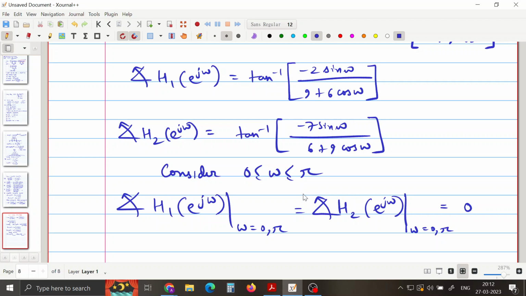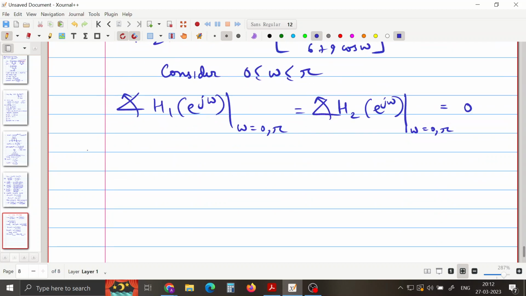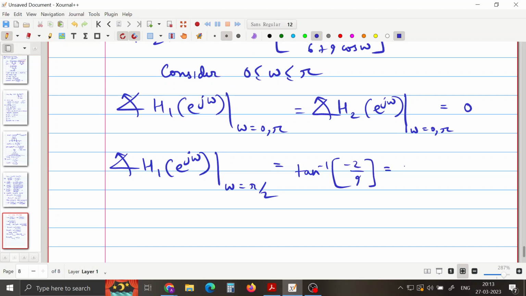If we compute the phase for the first system, H1 of e power j omega at omega equals pi by 2, you will find that it turns out to be tan inverse of minus 2 by 9, which is approximately minus 0.21866.